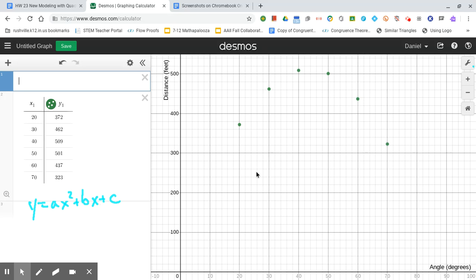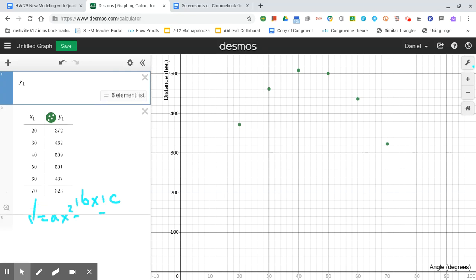So one of those things is we're basing this equation off of our points that we have on the grid. So when Desmos is finding a good graph that might work with these points, we need to tell it where our y values are. So if you remember, we have all of our y values stored in this column y1. So we're going to not just put y, we're going to put y1.